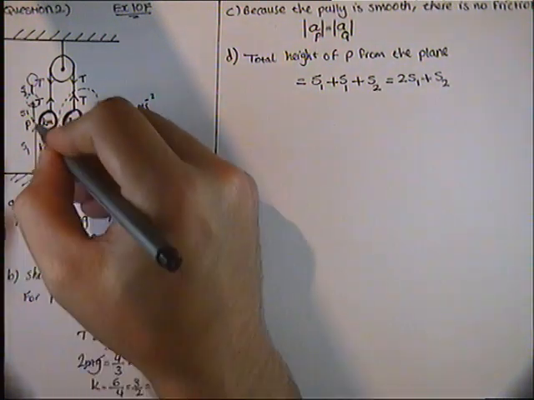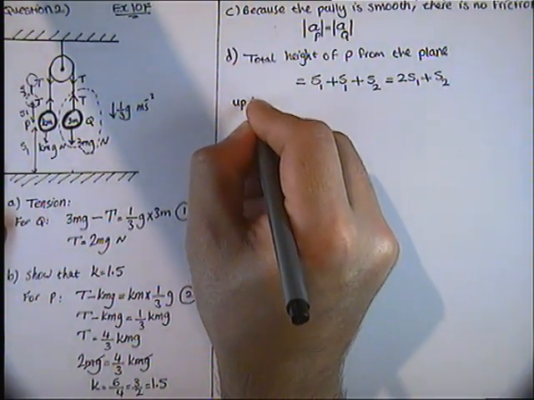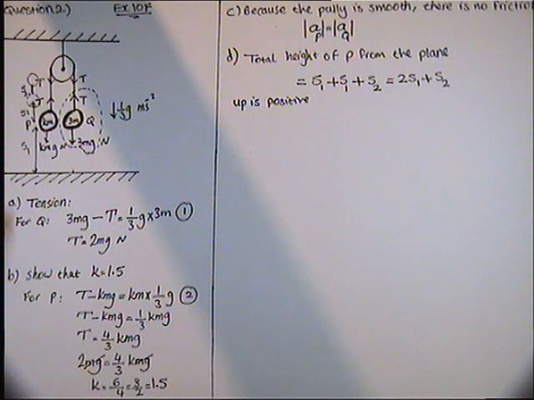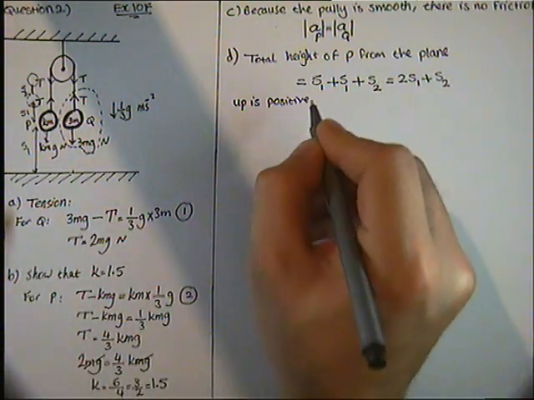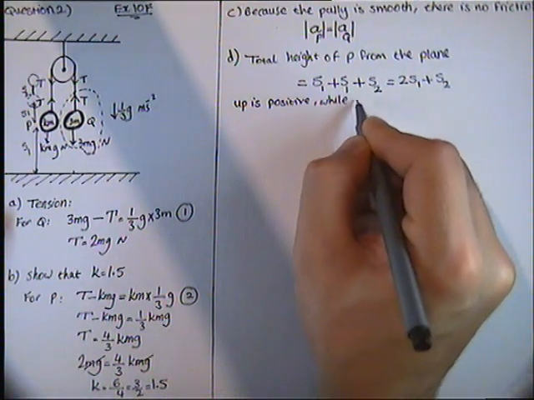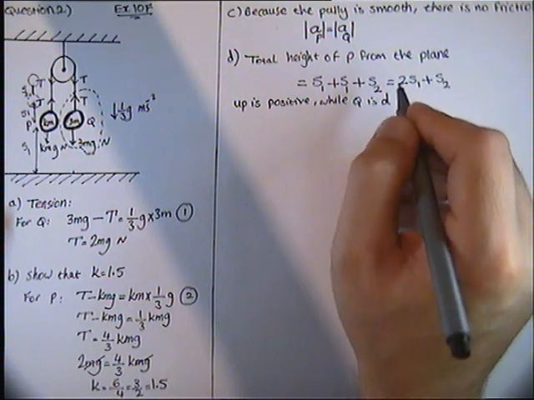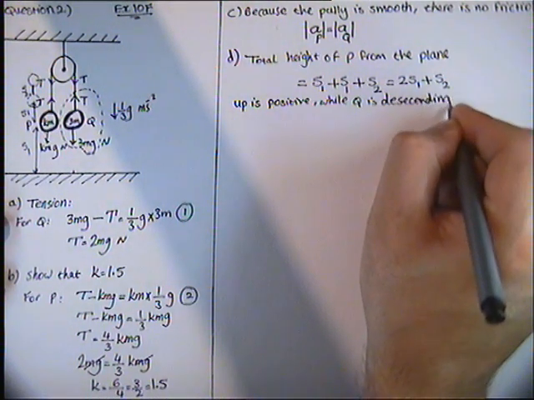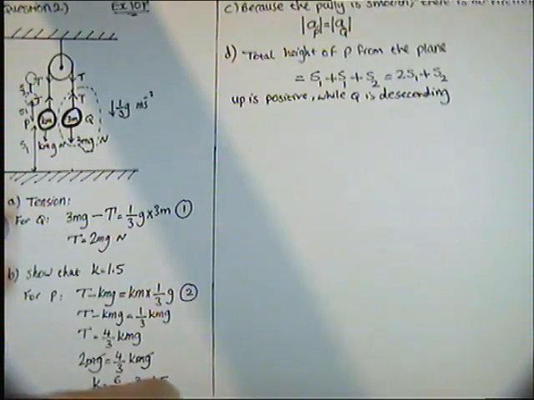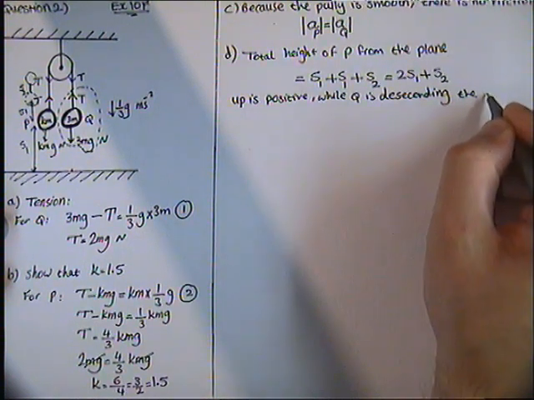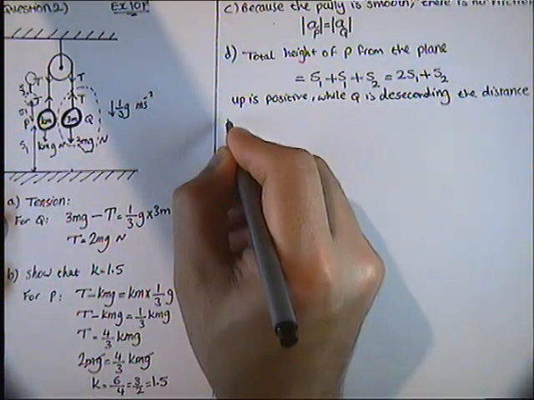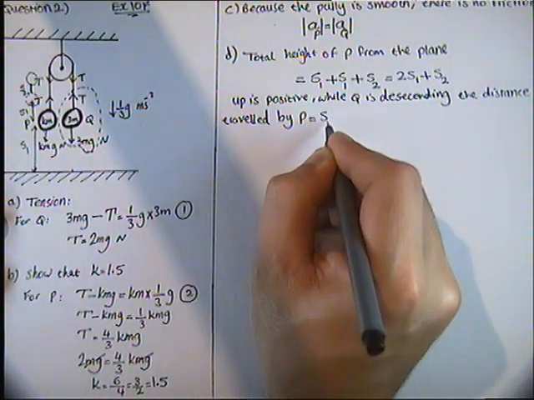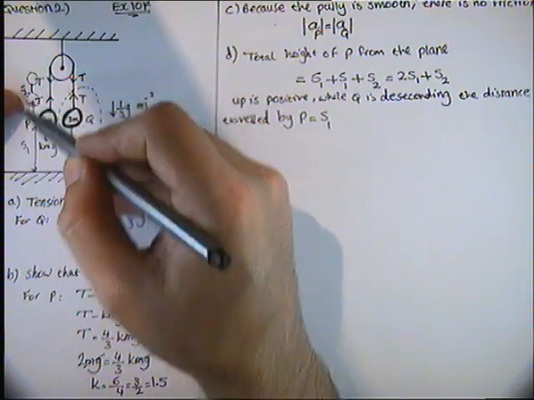So first of all, up is positive. While Q is descending, moving in this direction, accelerating in this direction, the distance traveled by P is equal to S1, as I mentioned, this distance, which is the same as this one.